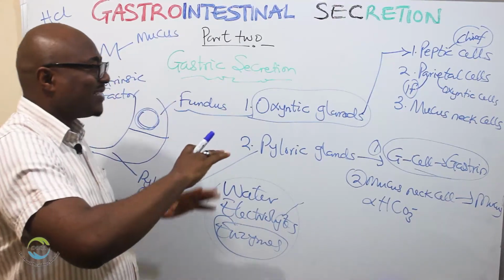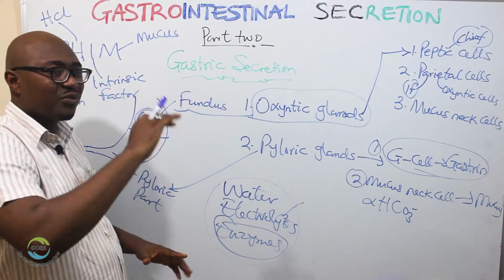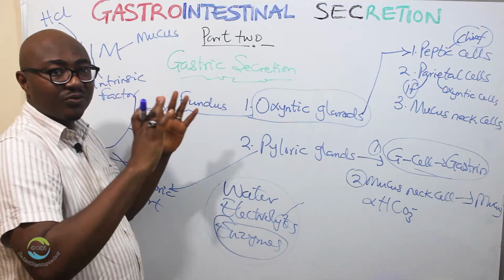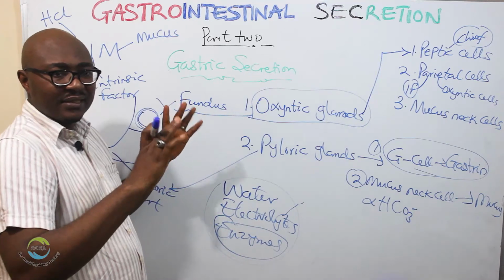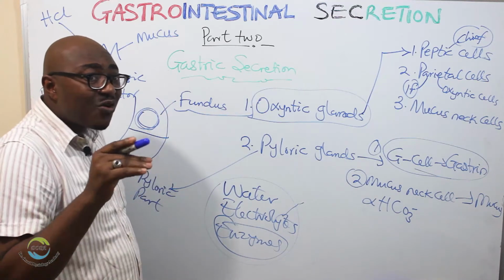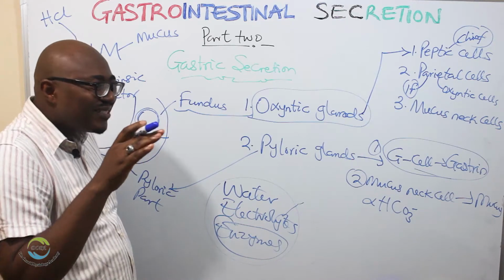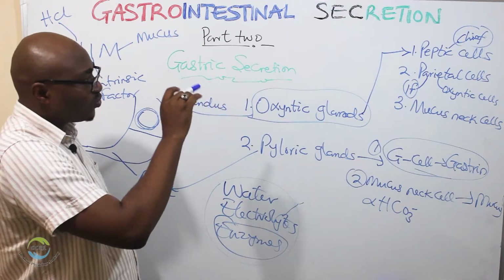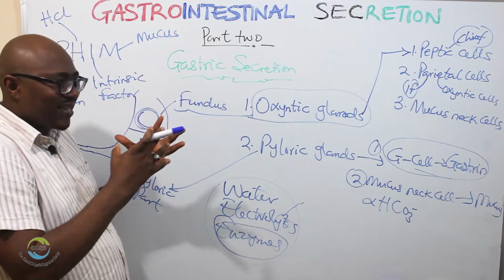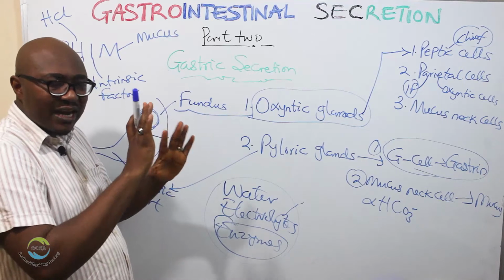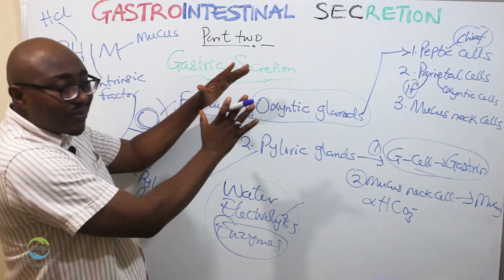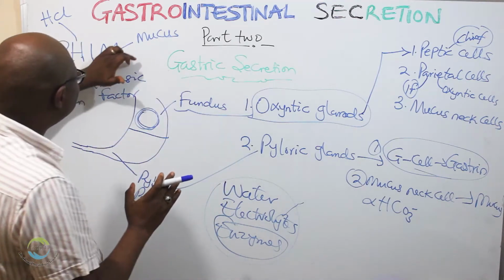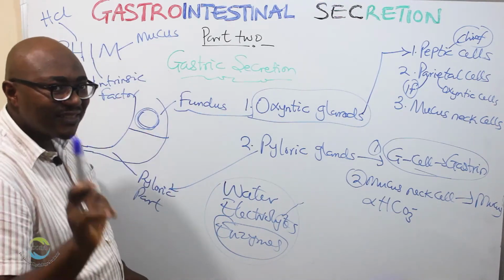Then very important is the mechanism of acid secretion, because this secretion has a lot of impact in the stomach; it can cause ulcer, peptic ulcer disease, if you've heard of it before. It's related a lot to acid secretion. So we need to know the mechanism of acid secretion. The next thing I'm going to talk about is the different functions of these secretions after this break.